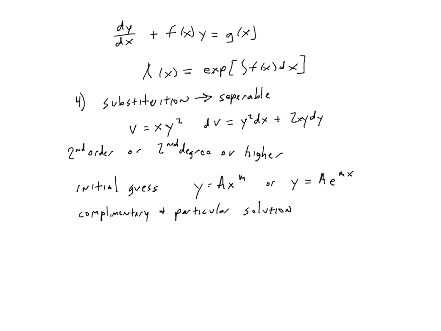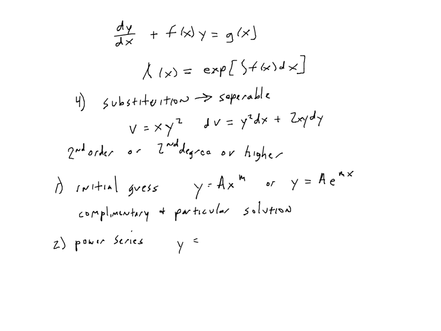If it's second order or second degree, then the first thing you do is this initial guess. That's one way to solve it. If it's something more complicated where that doesn't really work, you can try a power series. And this is basically the brute force approach to solving it.